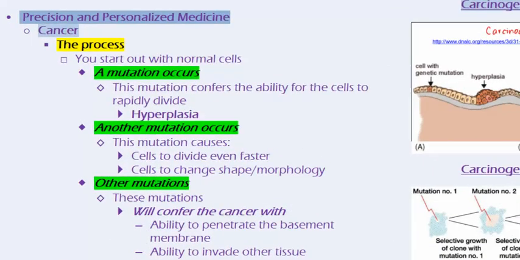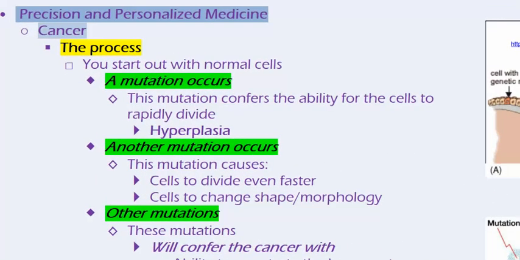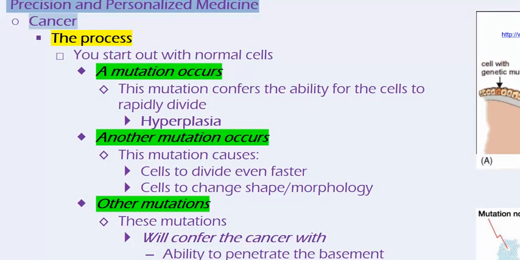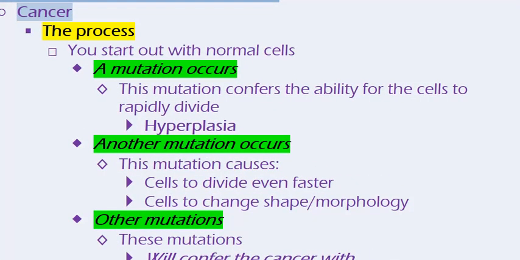So beginning off, when we're looking at cancer, you're going to start off with normal cells. With this normal cell, you're going to have a mutation that occurs. Usually that first mutation allows the cell to rapidly divide. This is hyperplasia.